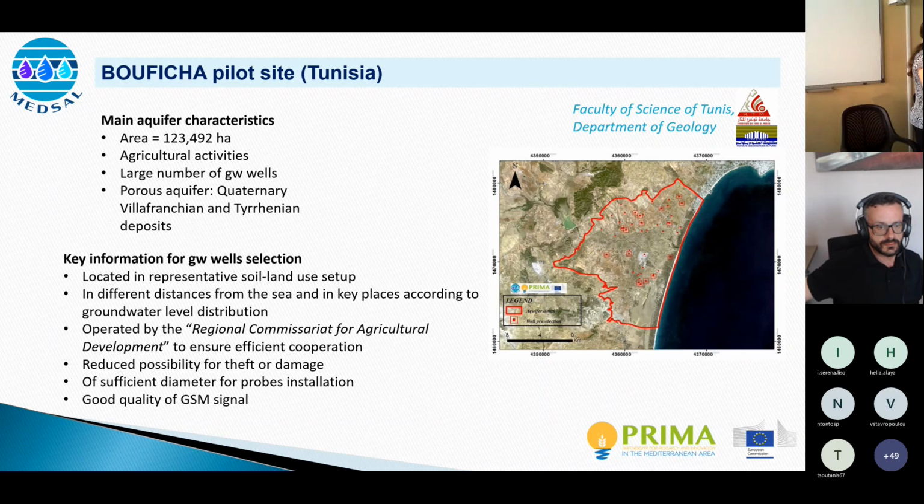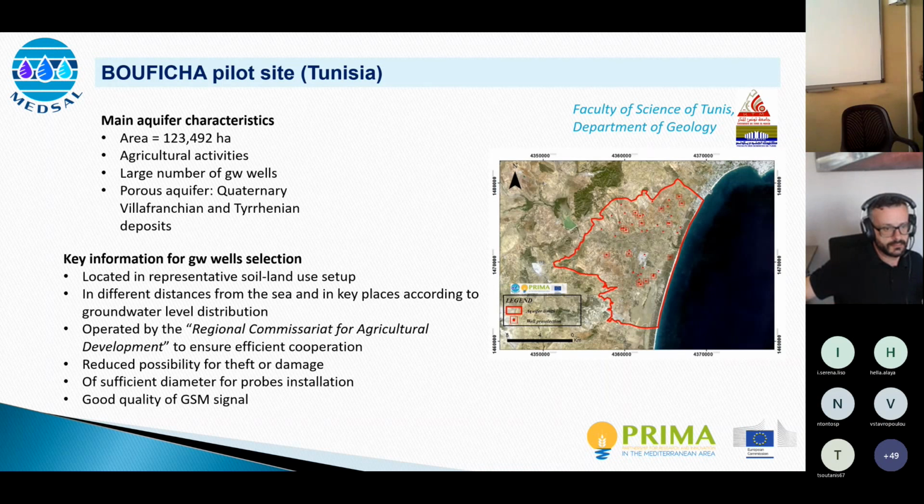In the last decades, the excessive use of fertilizer in the Bufisha aquifer led to contamination of groundwater by nitrate. We recorded very high concentrations of nitrate in some wells, which also degraded groundwater quality.